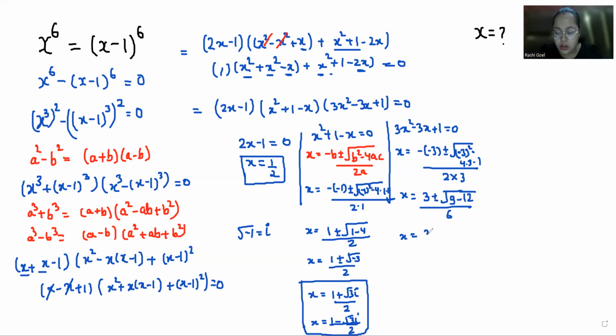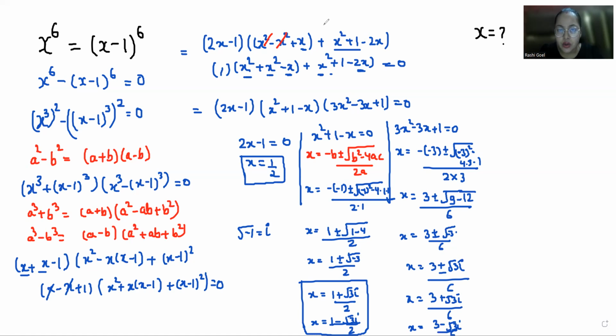So x is equal to 3 plus minus under root negative 3 by 6. So x is equal to 3 plus minus root 3 iota by 6. So two values of x are (3 plus root 3 iota) by 6, or x is equal to (3 minus root 3 iota) by 6.